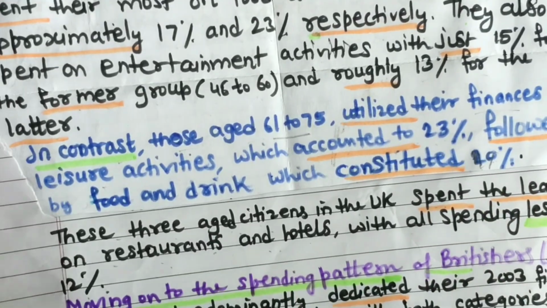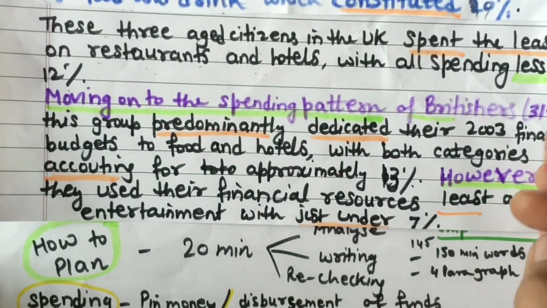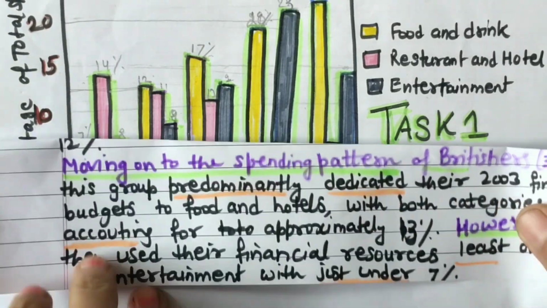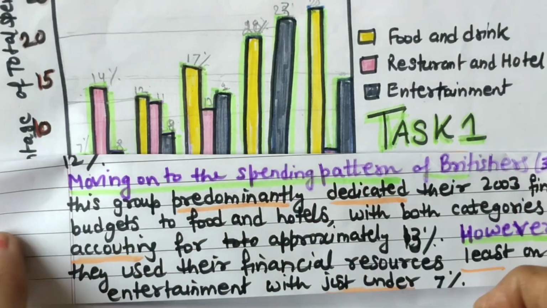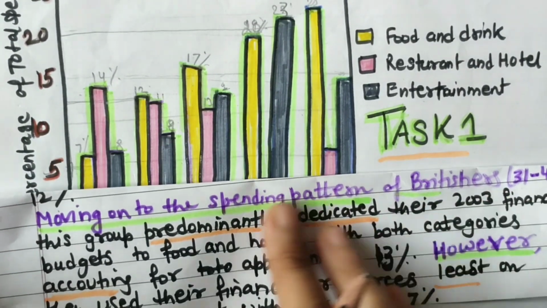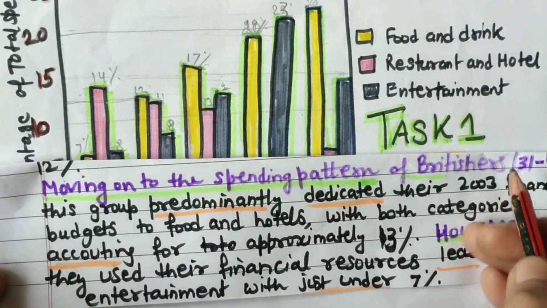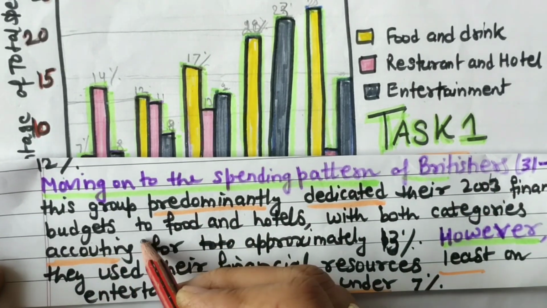Now coming to the next category, that is 31 to 45. Moving to the spending pattern of Britishers aged 31 to 45, this group predominantly dedicated their 2004 financial budgets to food and hotels.